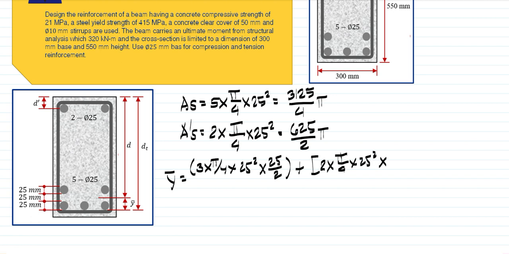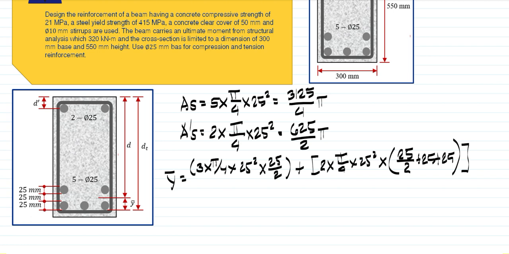Ngayon, kailangan natin yung centroid niya. And alam natin na this is 25, this is 25, at yung spacer na gagamitin natin for this two-layer reinforcement is 25 din since diameter 25 mm yung diameter ng bars. So, that will be 25 over 2 plus 25 plus 25.